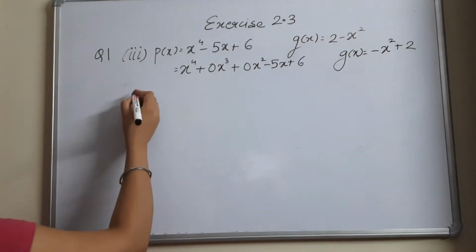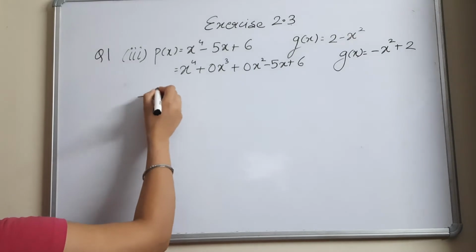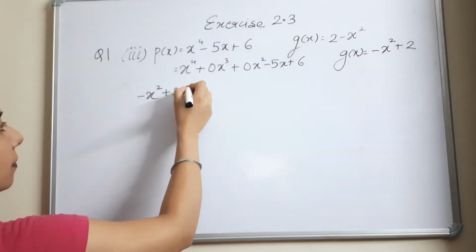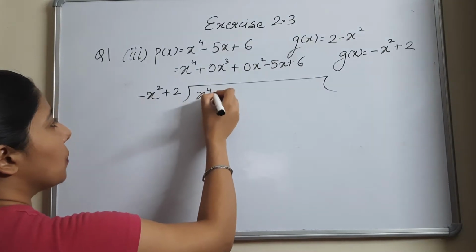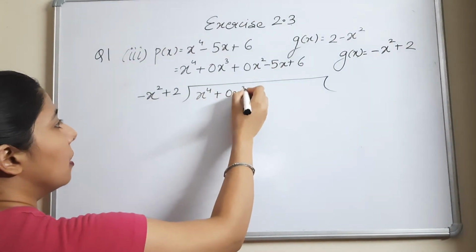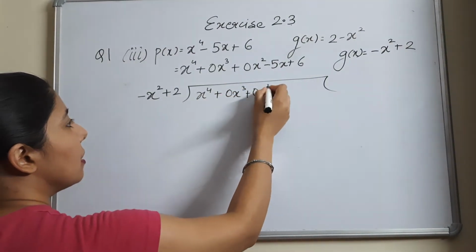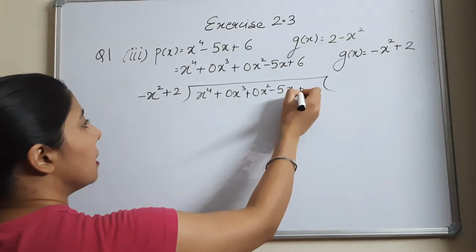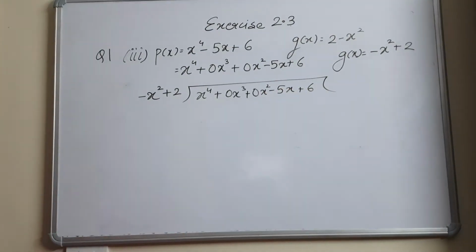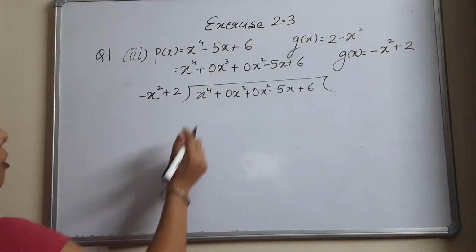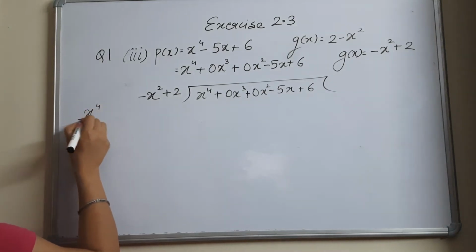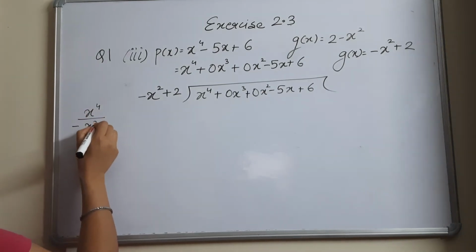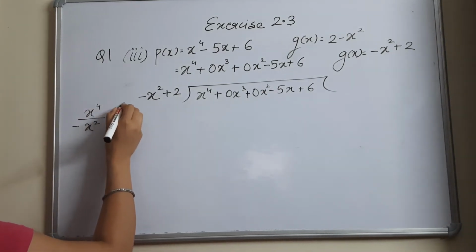Okay. So next we will divide it as x⁴ plus 0x³ plus 0x². This is only to make your calculations easy. So next we will find the first term of q(x) by focusing on this and this only. So we will write x⁴ over minus x² there, and what you get is minus x².